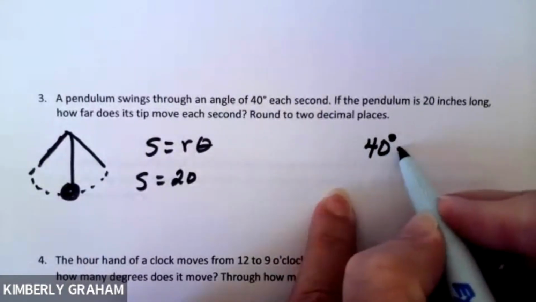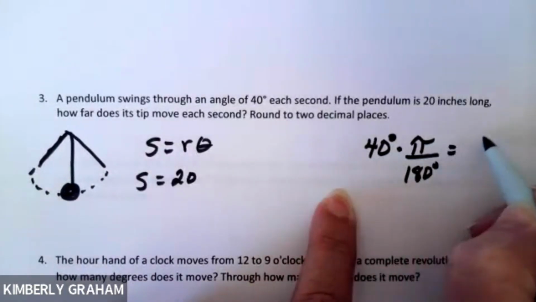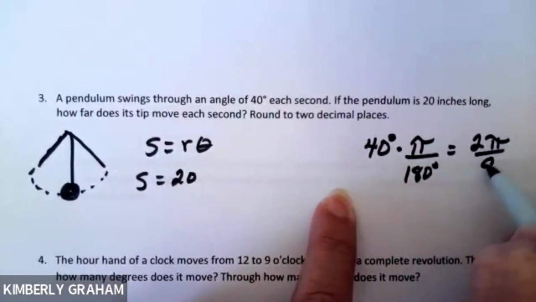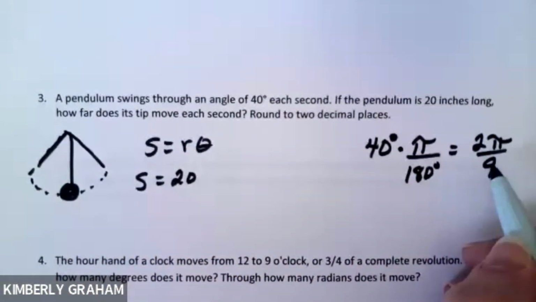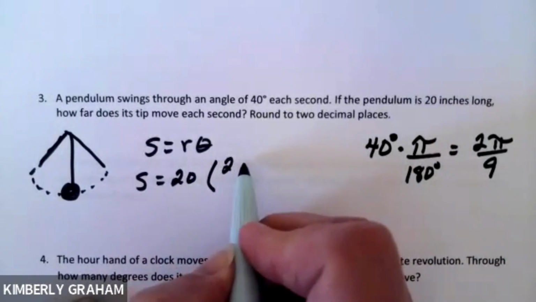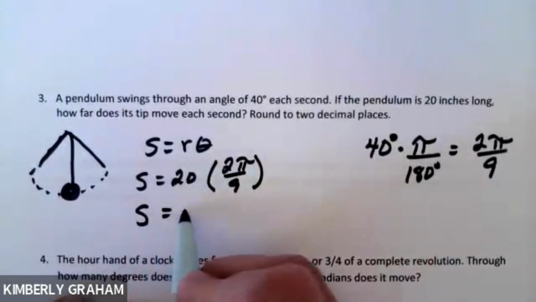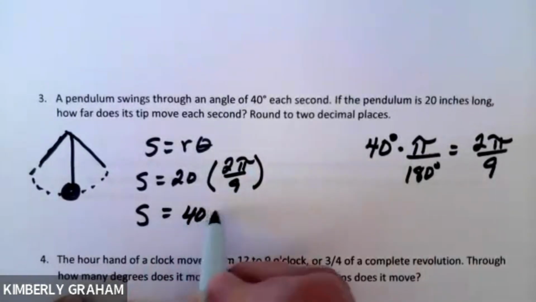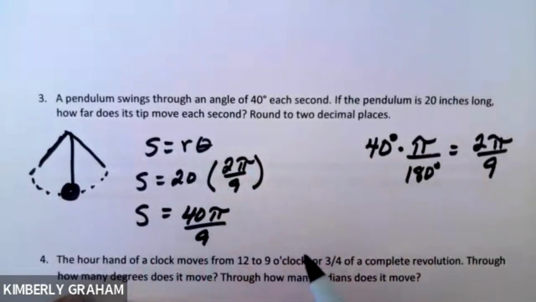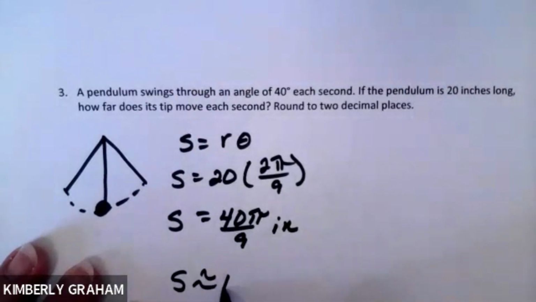So I take 40 degrees, multiply that by pi over 180. That's going to give me 2 pi over 9. That's my angle measure in radians. So 20 times 2 pi over 9 is going to be 40 pi over 9. If I want my answer rounded to 2 decimal places, I'm going to get 13.96 inches.